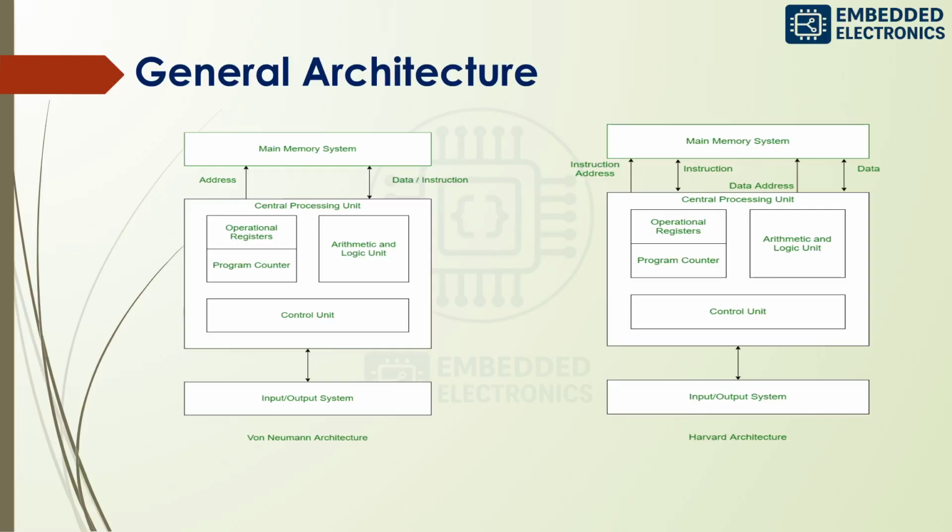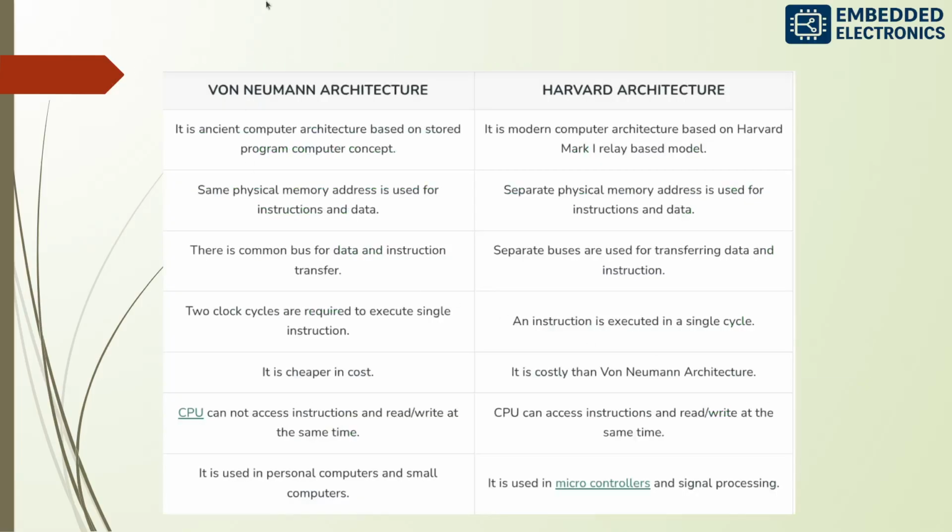Changing or even improving the system can also be a little tricky because of the different memory regions. So these are the differences between the two architectures. Von Neumann architecture is used in personal computers and small computers, but Harvard architecture is used in microcontrollers and signal processing.